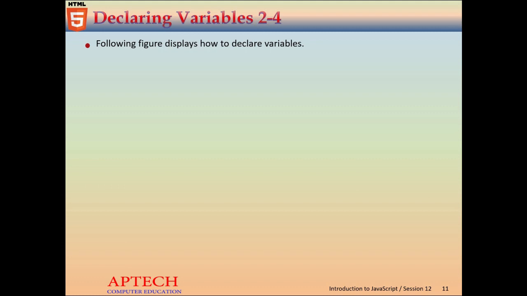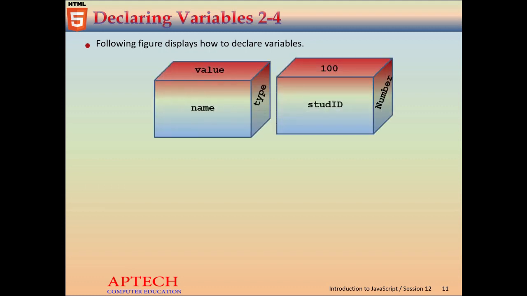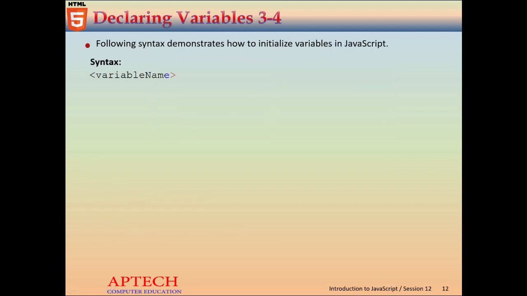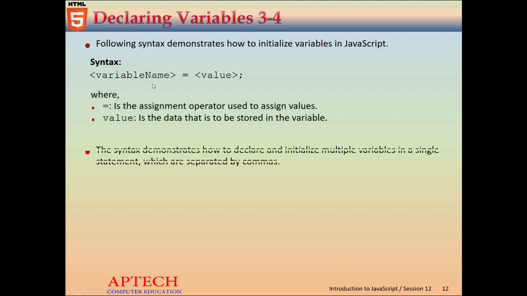To declare a variable in JavaScript, we use the var keyword, followed by the variable name. That is how we declare a variable. And to initialize a value, we can use var variable name equals value, or we can declare and then initialize.